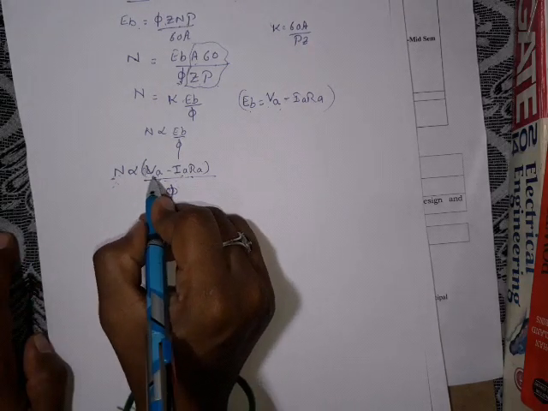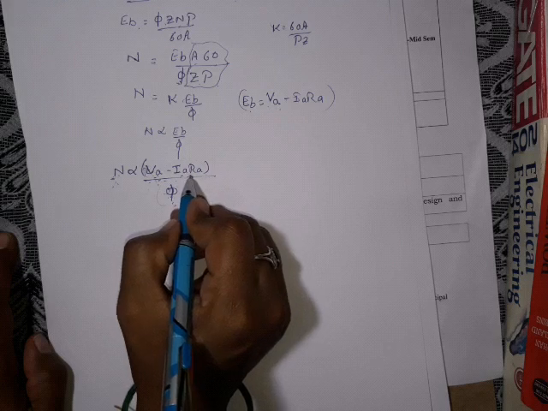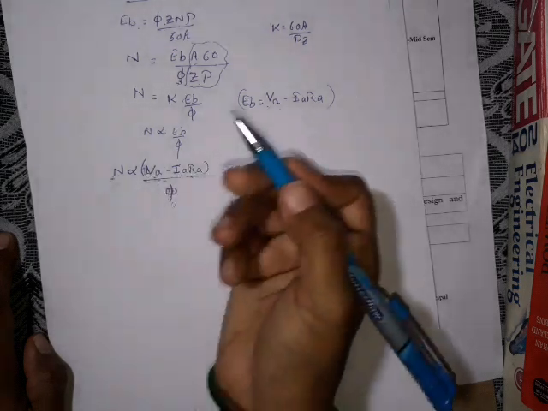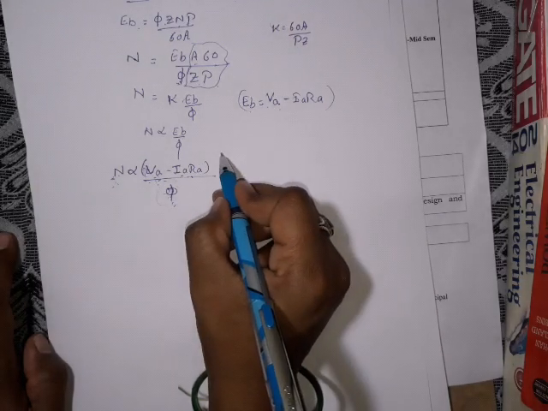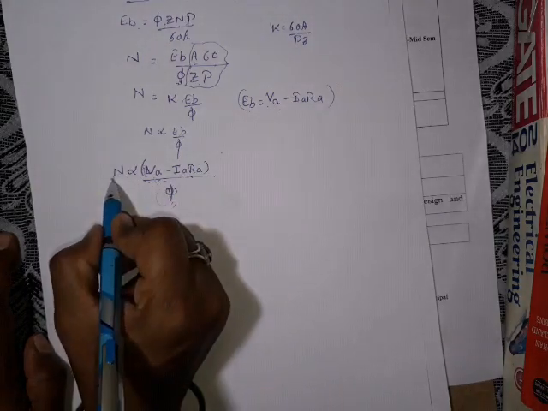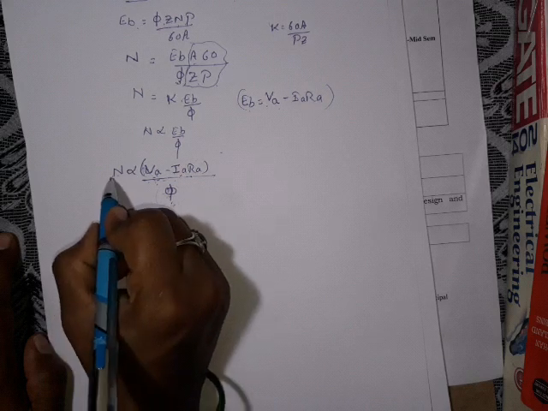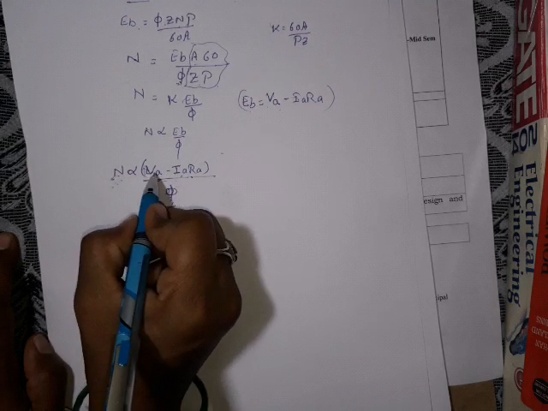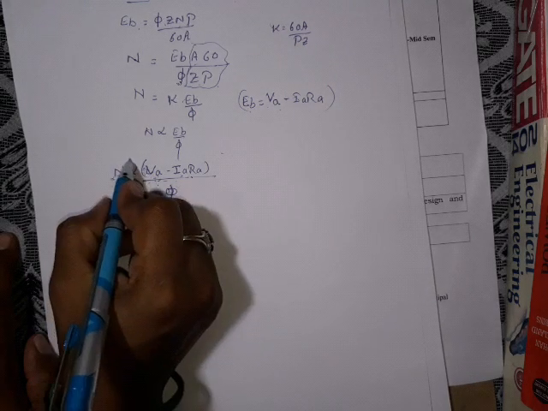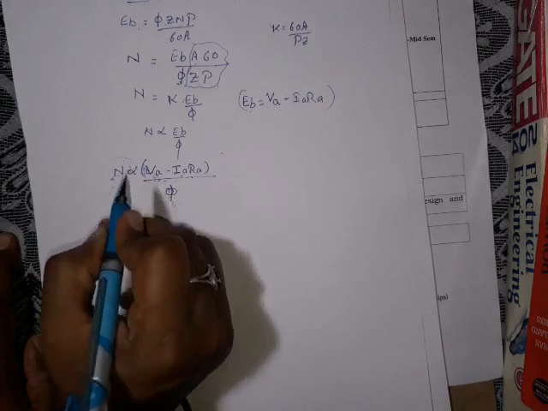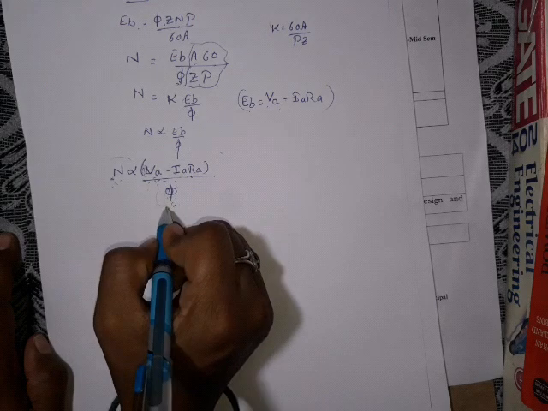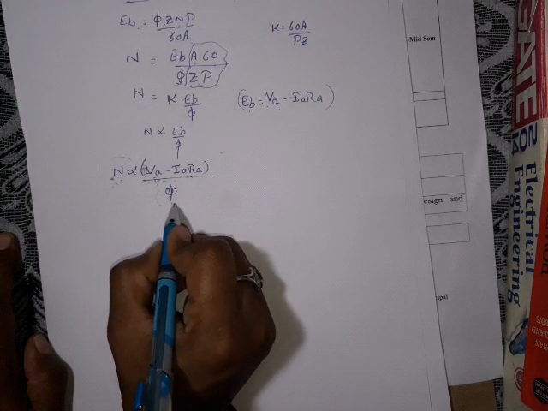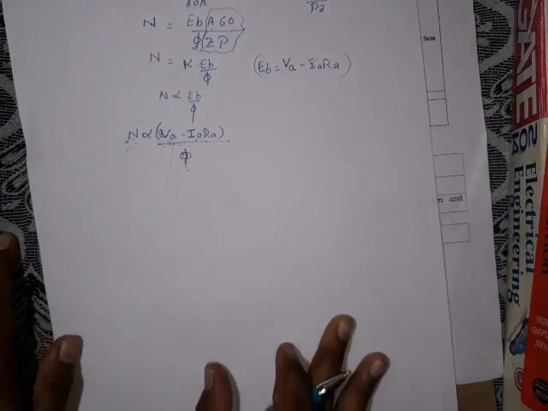If this is constant, what happens to this numerator? Numerator also increases. When numerator increases, obviously N increases. So N is inversely proportional to phi and N is directly proportional to VA. So to have a better control over the speed, we have two methods. One is by controlling the armature voltage, another one is by controlling the flux.